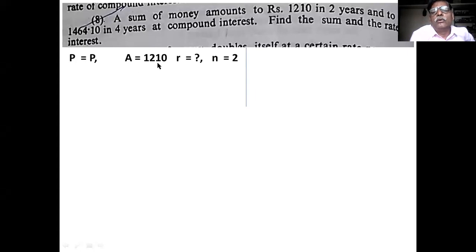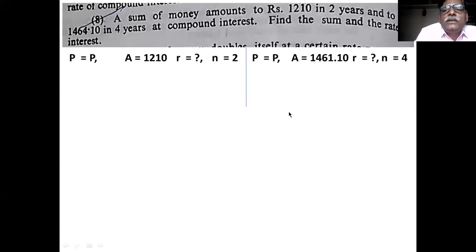Principal is P, amount is 1,210, rate is unknown, N is 2 years. And in the second part also P is the same P value. Amount is 1464.10, and R is R, N is 4 years. This is the given information. On the basis of this, you have to solve the problem.